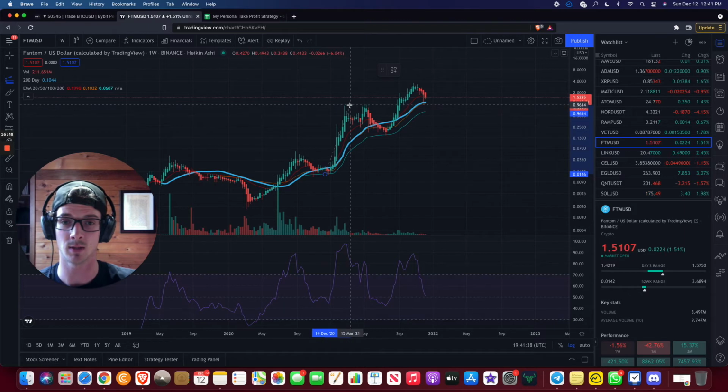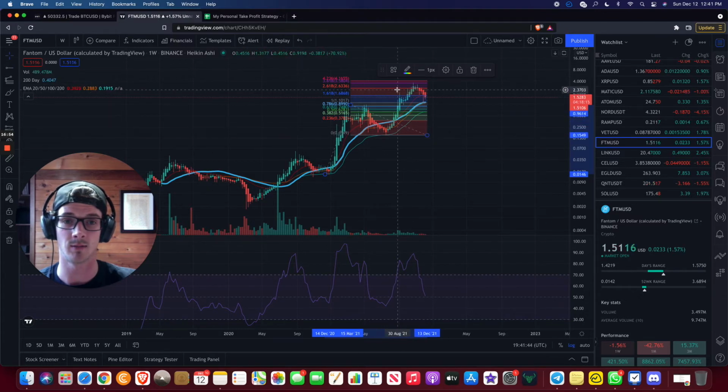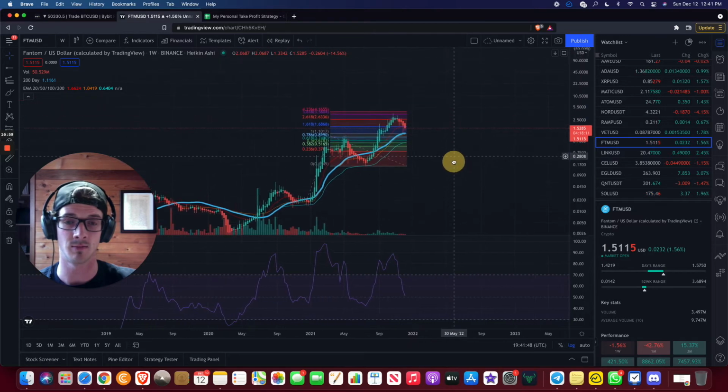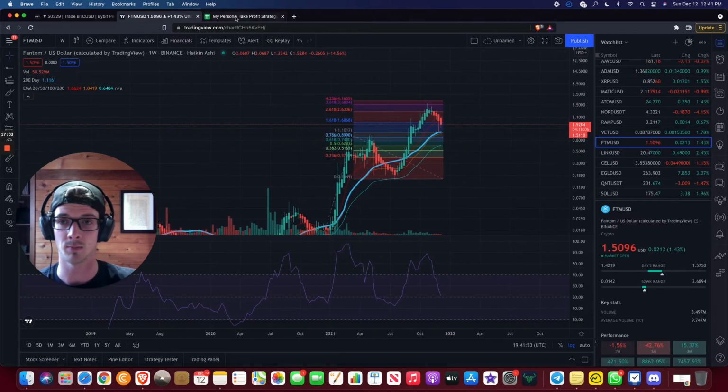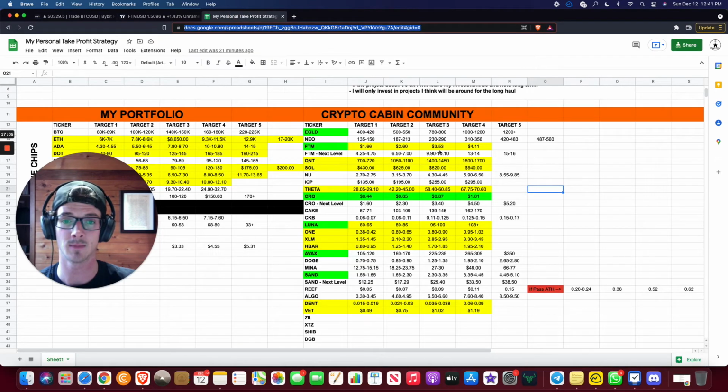Click at the bottom again, pull it to the top, and then drag it to the bottom, and we have, again, some very good levels that were hit there, the 2.618 and the 3.618. Those would have been some levels that I did set for Phantom on my personal take profit page over here. Those are those levels, and now I've set the next levels.